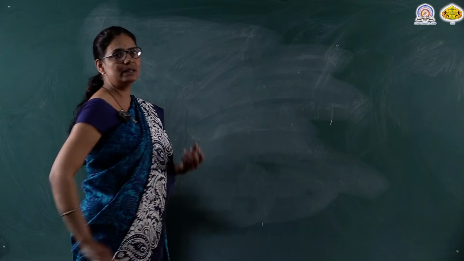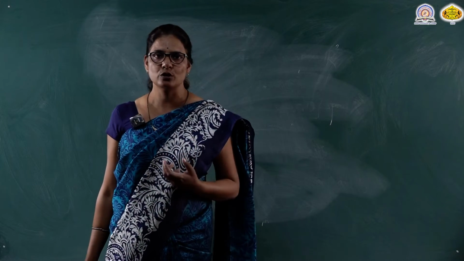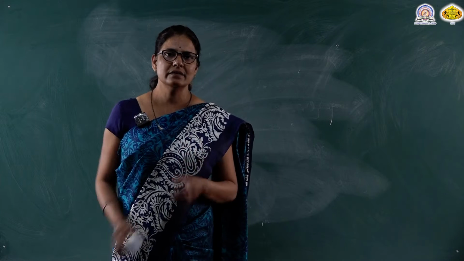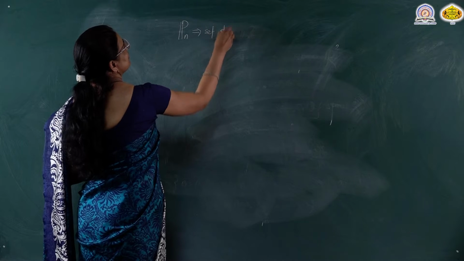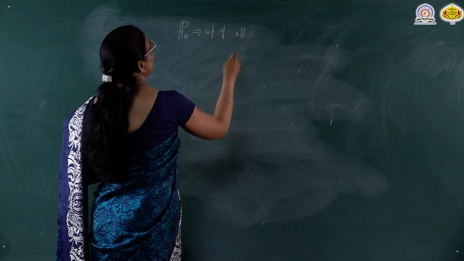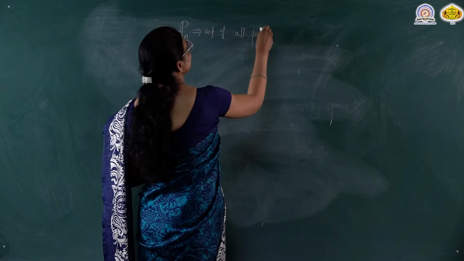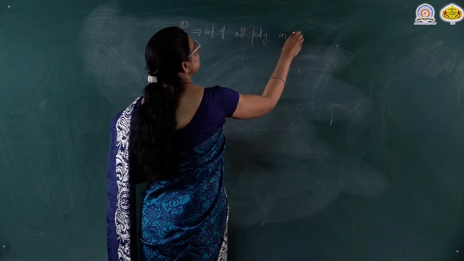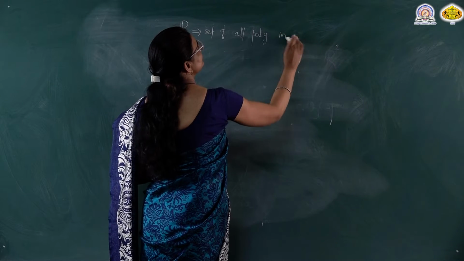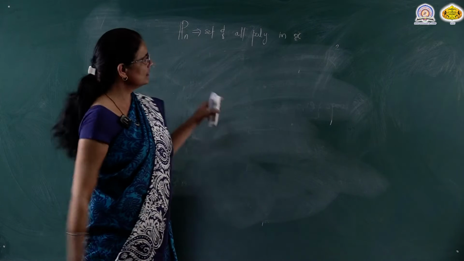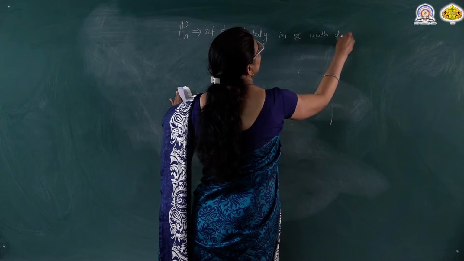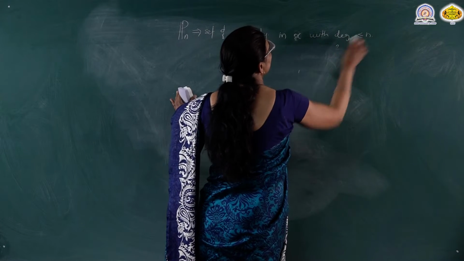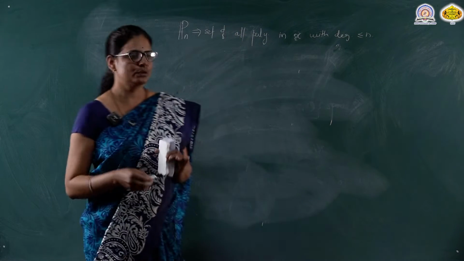Next standard example is the example of polynomials of order less than or equal to n, that is Pn. So we know that Pn is the set of all polynomials in single variable, I write here x, with degree less than or equal to n, including 0 polynomial.